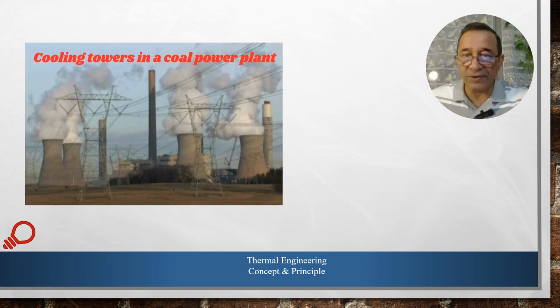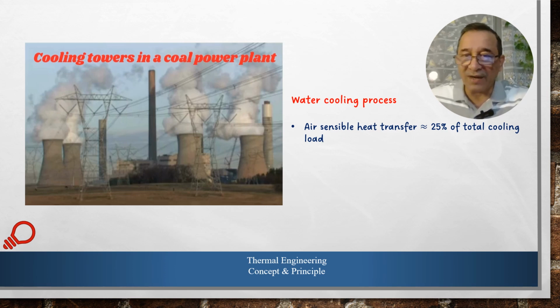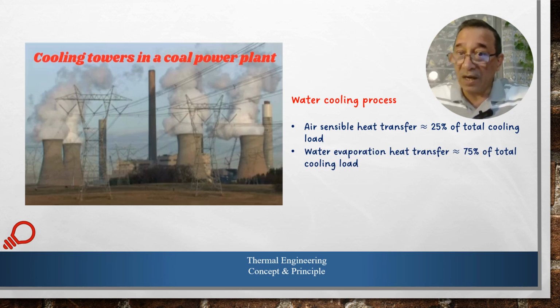The cooling process of water inside the cooling tower should not be misunderstood. The air extracts sensible heat, which accounts for about 25% of the total cooling load required to cool down the water flow rate through the cooling tower, whereas the water evaporation accounts for 75% of the total cooling load.